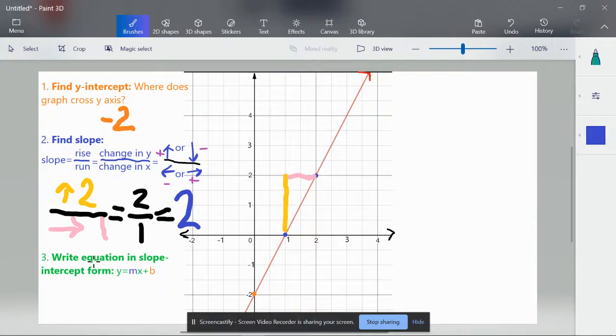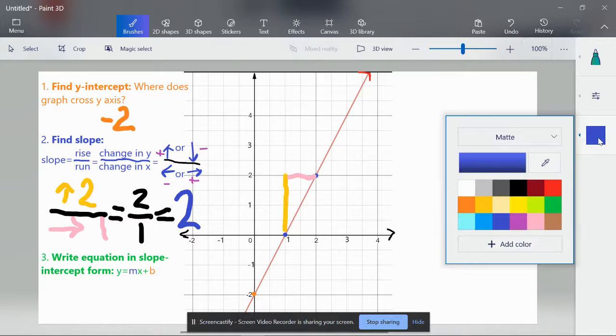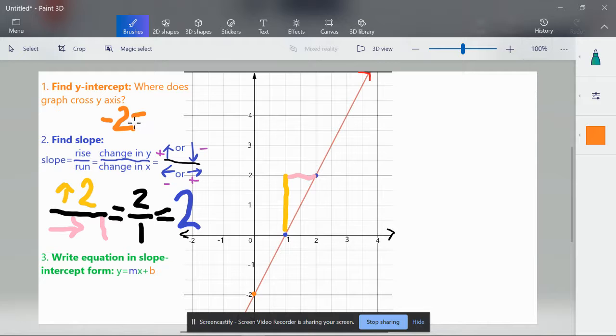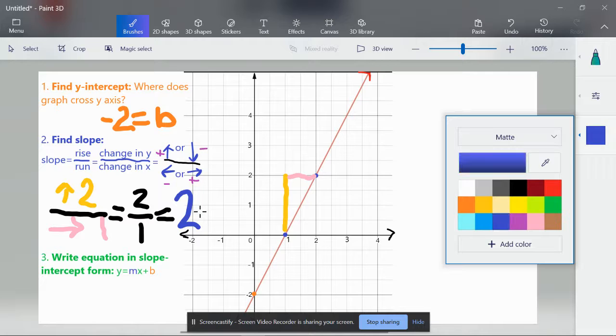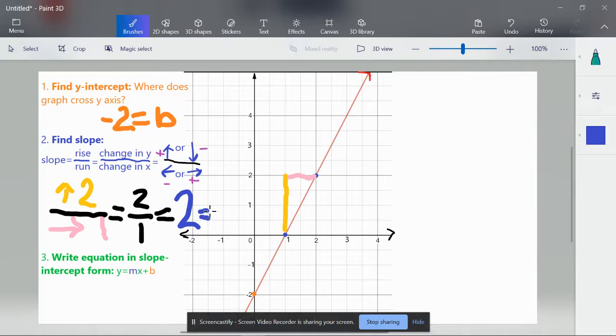The standard equation for slope-intercept form is y equals mx plus b. When we're working with linear equations, your y-intercept is the same thing as b, and your slope is the same thing as m.